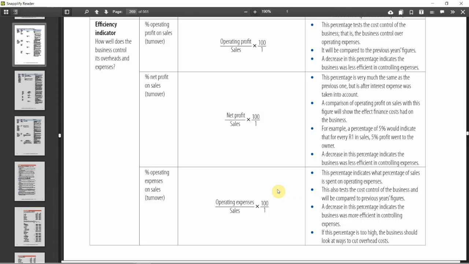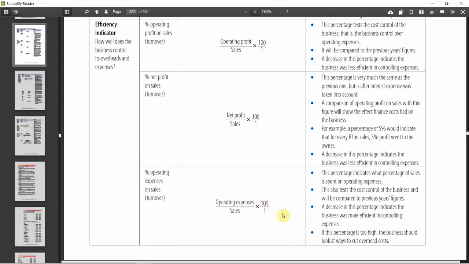So therefore, that is what we desire. A decrease in this percentage shows that the business is more efficient in controlling the expenses.